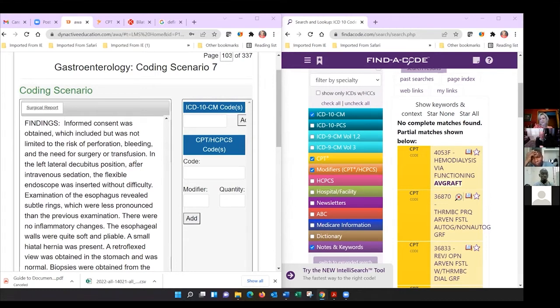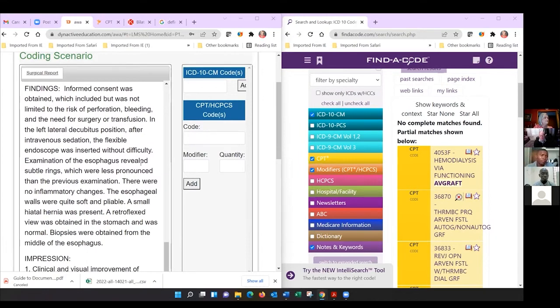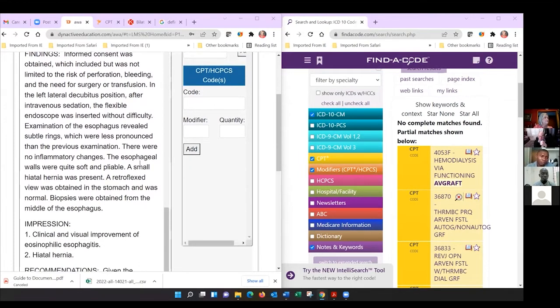Obviously the patient has said, yes, I understand there's risk with this procedure, but go ahead and do it on me. Does that affect coding ever, Faye? No. But they put it in there for legal purposes. It's part of this report, their legal documentation.